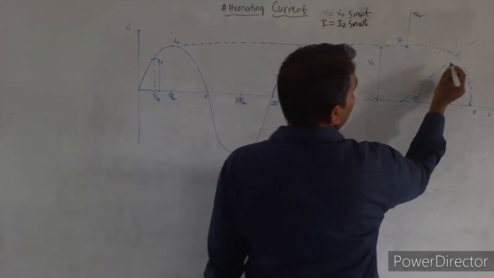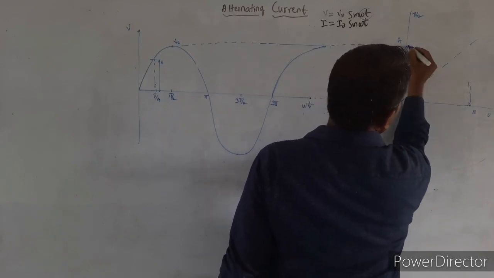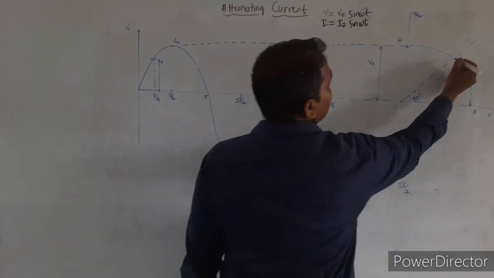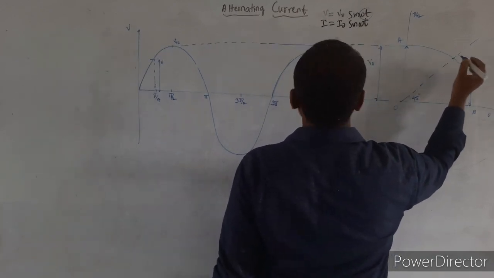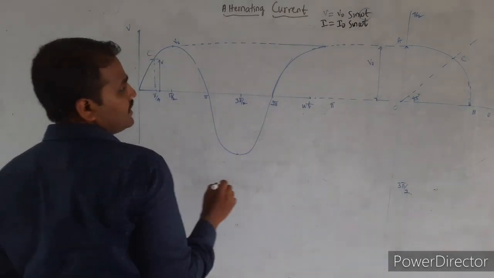Then wherever it cuts the circular arc, let us draw it neatly here, that point I will take as C. Let me consider this point is C, right?